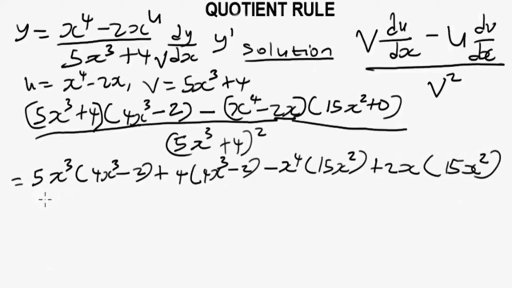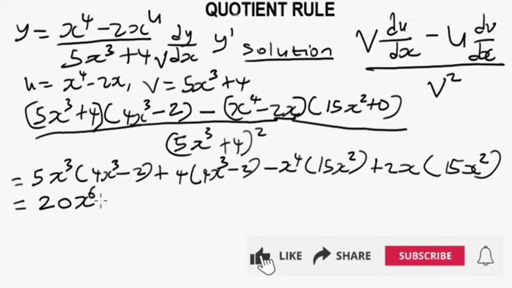When you simplify, 5x^3 times 4x^3 gives us 20x^6, by the law of indices.